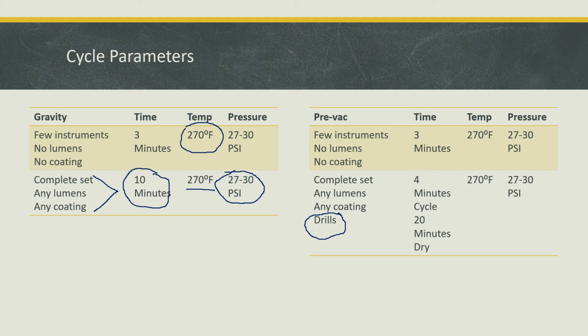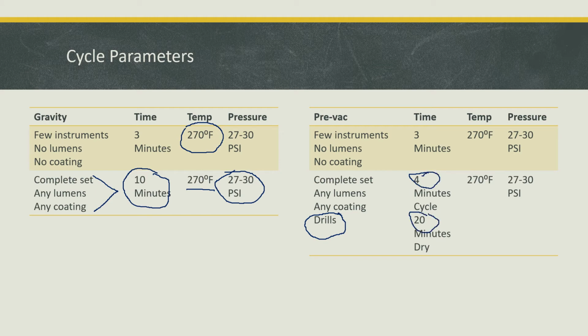Now, also note here that this goes according to the manufacturer standards, and they let the facility know when they purchase a drill or any other piece of instrumentation equipment, how it can be sterilized and how long, what parameters it would have to meet. But most of our drills, if we're doing them for immediate use, they're going to need to be run in a pre-vac cycle, and that's going to be for 4 minutes and typically a dry time of 20 minutes.